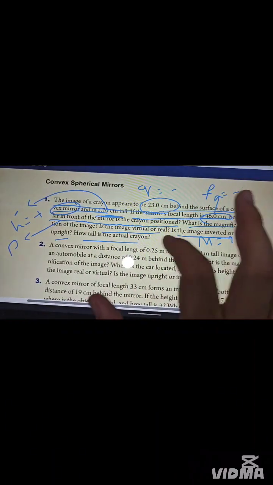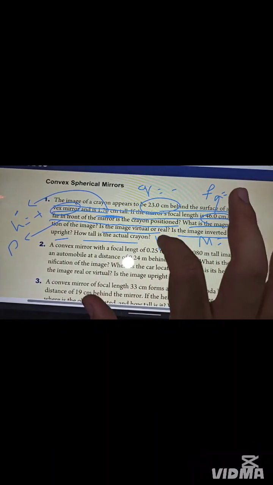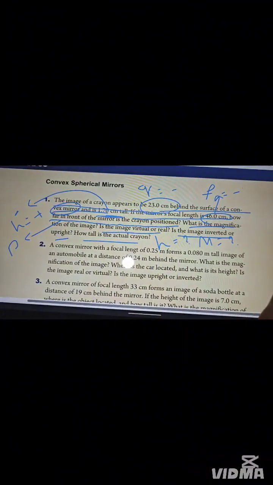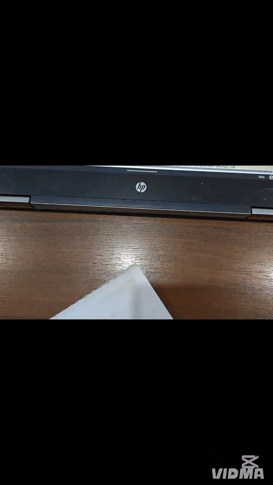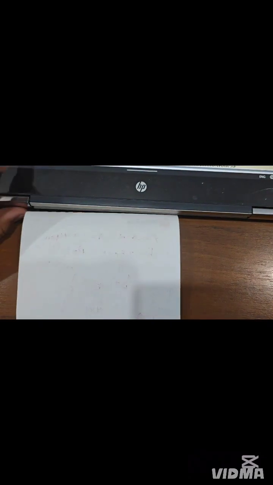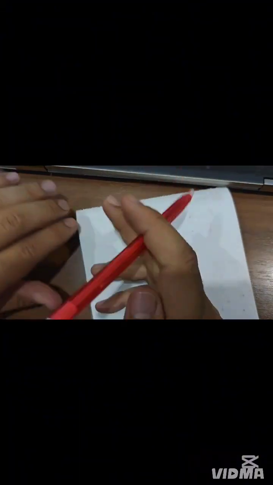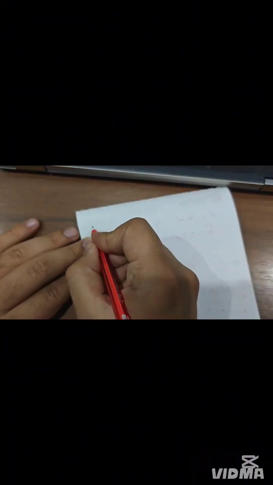How tall is the object? We have to find h. Take a look here. Let me write down all the parameters that we have. Question 1.